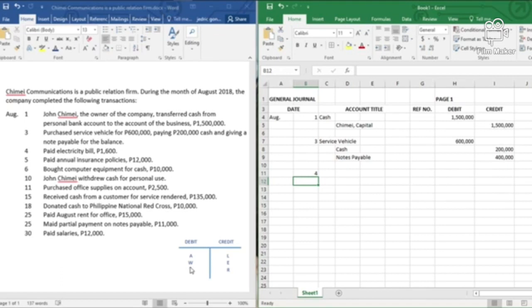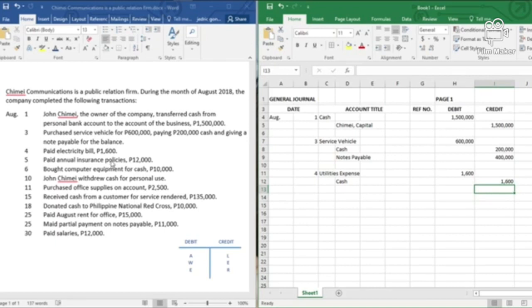Utility expense is under expenses. Kapag nadadagdagan ng expenses, i-debit mo siya. Alright? So, utilities expense, i-debit mo siya. How much? 1,600. And then, anong pinambayad mo? Nagbayad ka ng cash, which is the same 1,600.